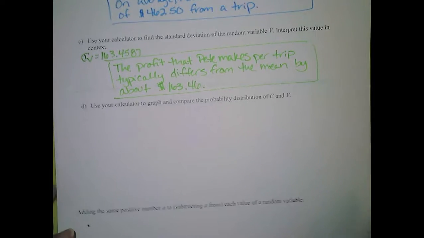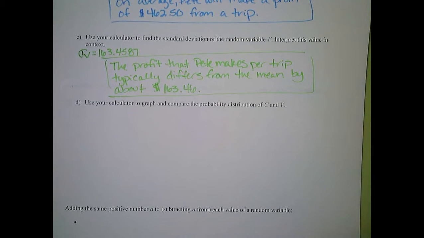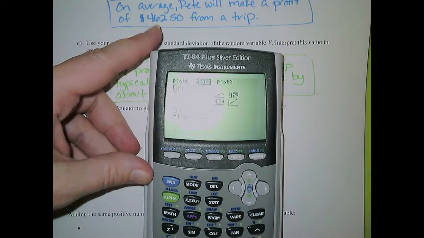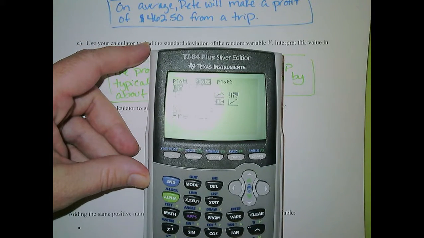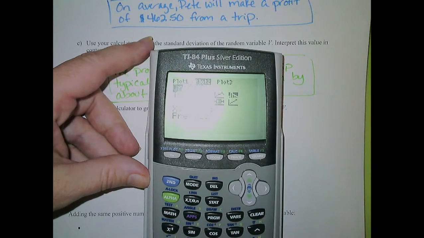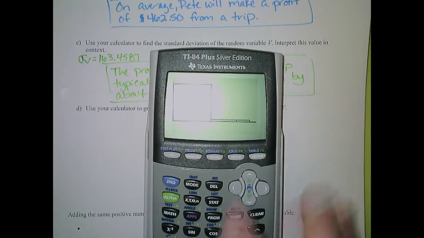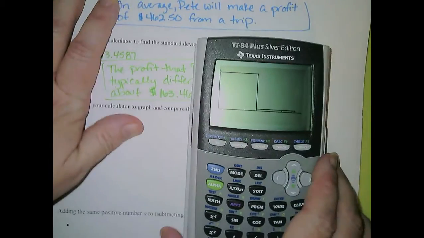For part D, you're supposed to use your calculator to graph and compare the probability distribution of C and V. So I still have my distribution for C in plot 2. Again, if I do zoom 9, I don't get a good distribution, so I'm going to alter it just a little bit. I'm going to go to the window.